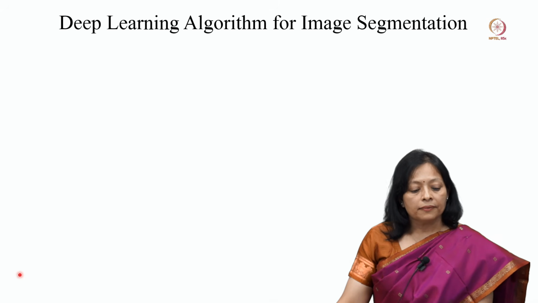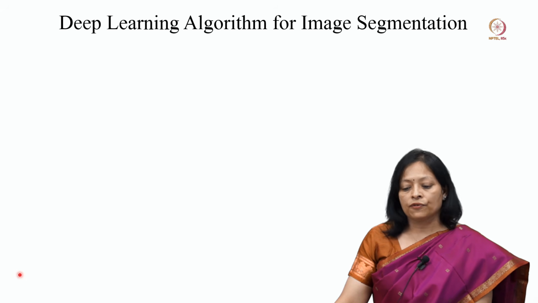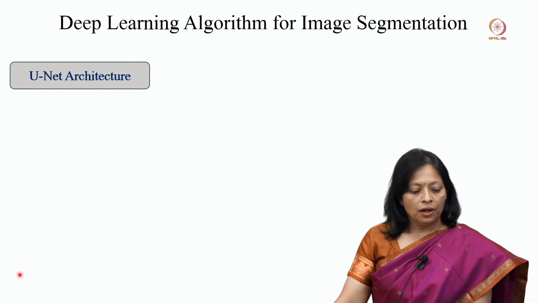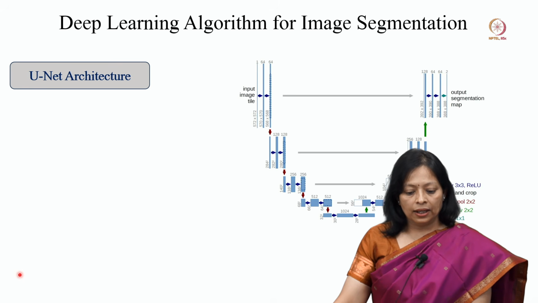Now, we will look into the architecture or the algorithm which is used for image segmentation, which is called the U-Net architecture. Now, what is that U-Net architecture?